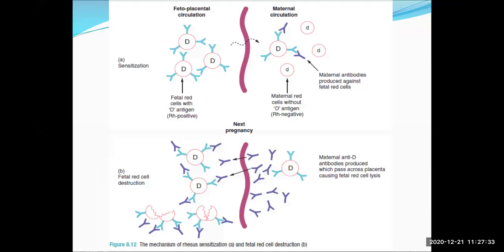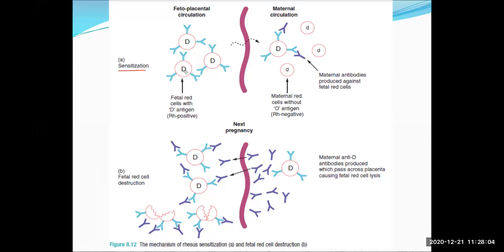Now, this is the most important slide if you want to understand the concept of this topic, so please pay attention here. The first stage is called sensitization. What do we mean by that? The fetal RBCs somehow cross the placental barrier and enter the maternal circulation.